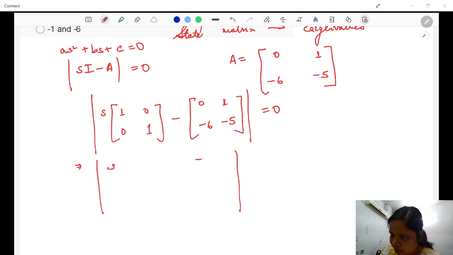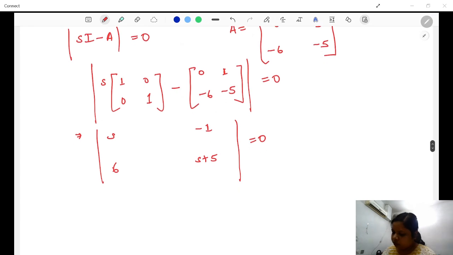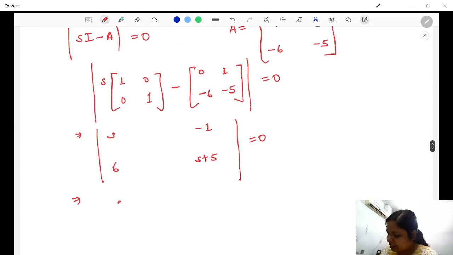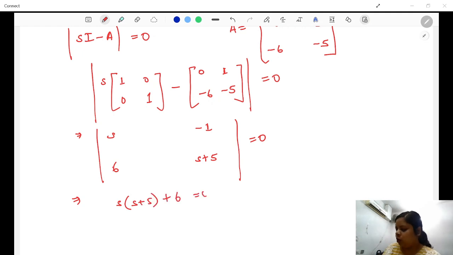This would be minus 1. This would be 6. This would be s plus 5, right? This is equal to 0. Take the determinant: s into s plus 5 plus 6 is equal to 0. s square plus 5s plus 6 is equal to 0.